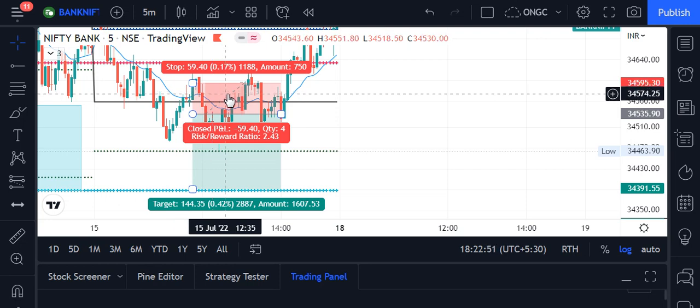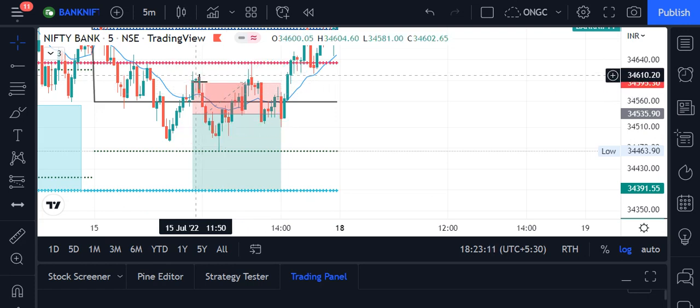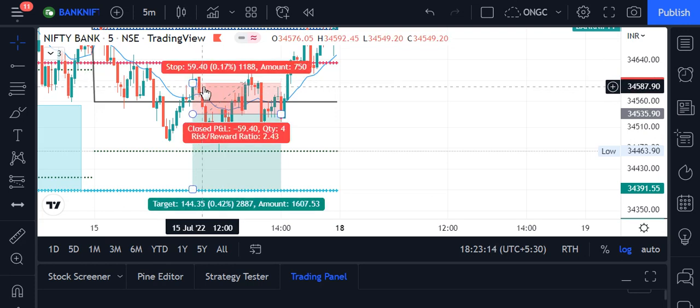We also have options charts, but we can know the option stop loss from the spot chart by dividing the number by 2. The stop here is 59.40, a round figure of 60 points, so for the option chart stop loss, 60 by 2 means around 30 points will be your stop loss.